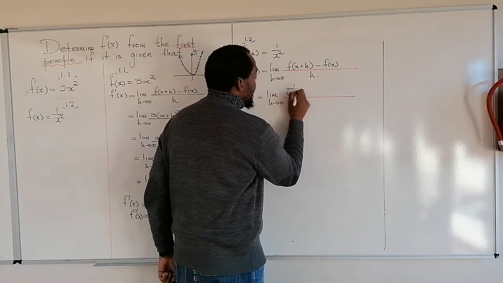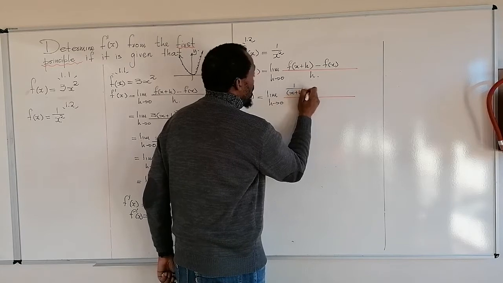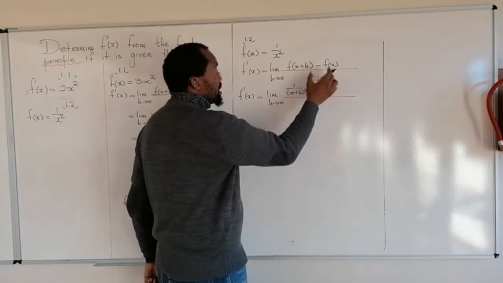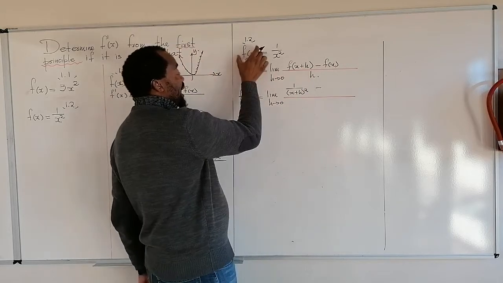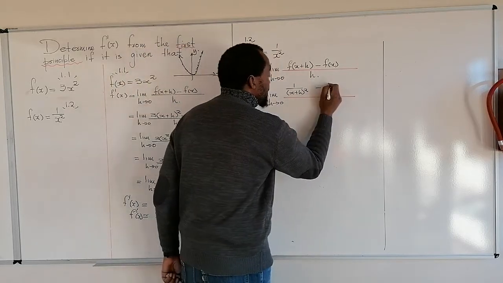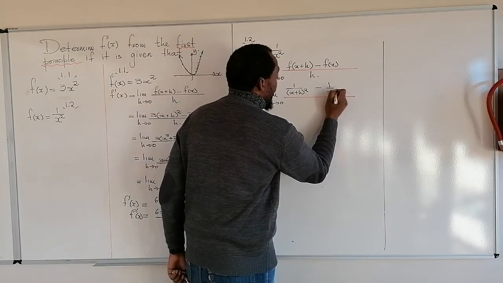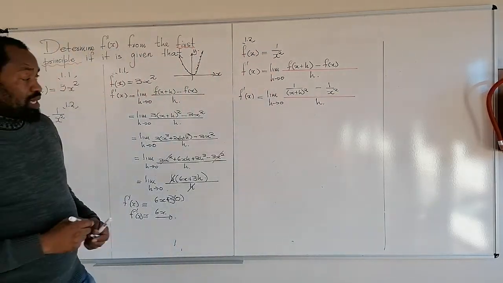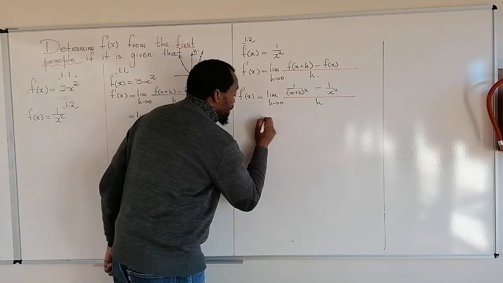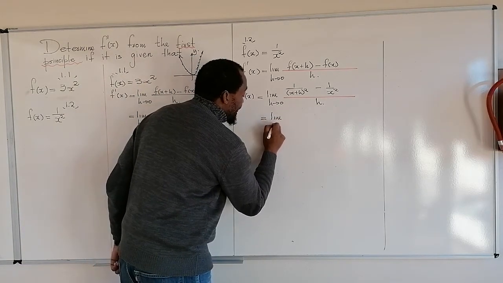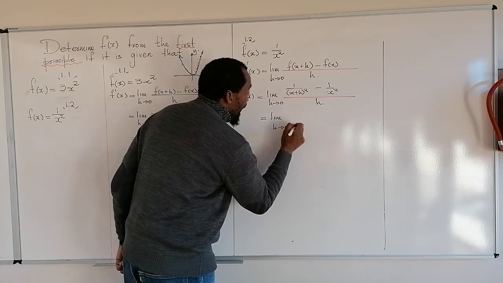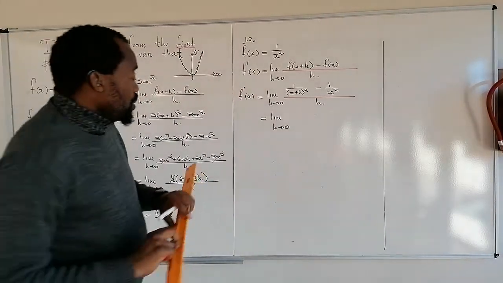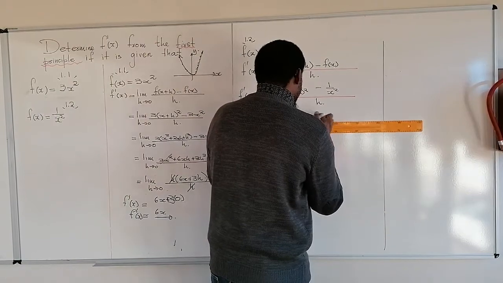Divided by x plus h all squared, I've done that. Minus, bring f of x, there's f of x, 1 divided by x squared, divided by h. Now, I'm still limiting because I've got h as the denominator. We draw the red line again.